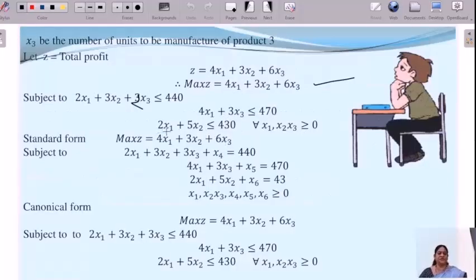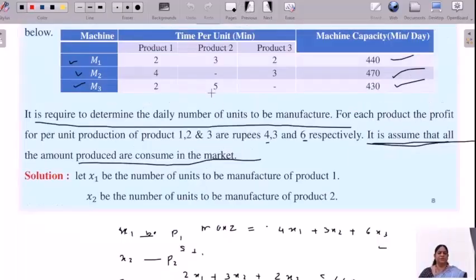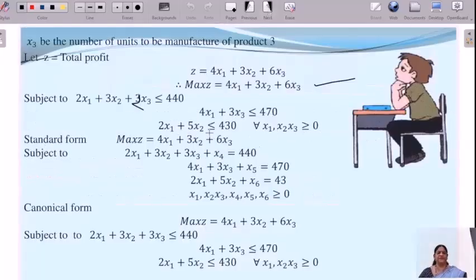Similarly, the last constraint is 2x1 plus 5x2 less than or equal to 430. All the variables are non-negative. This is the formation of the given LPP.